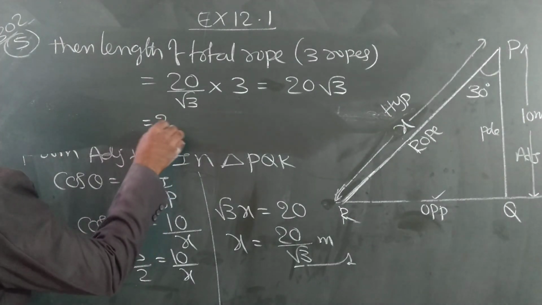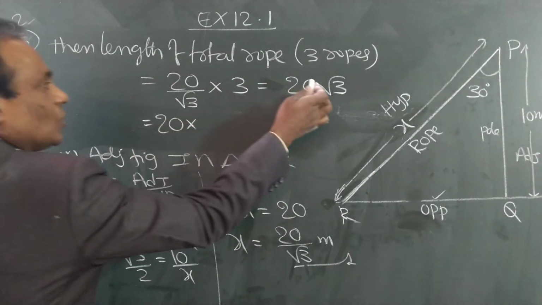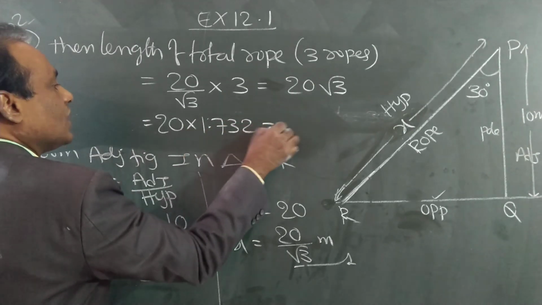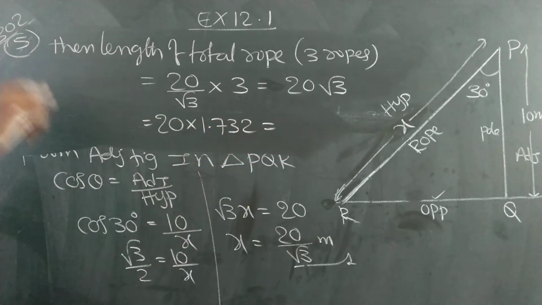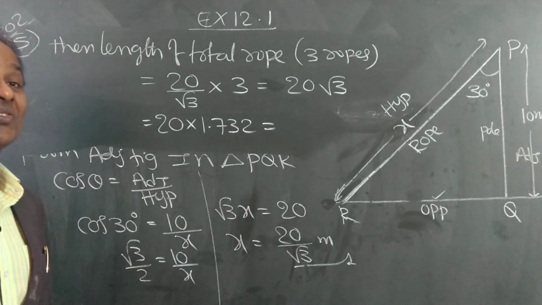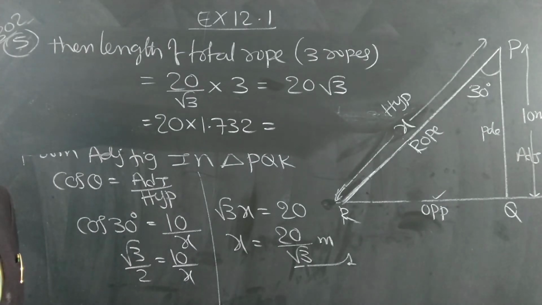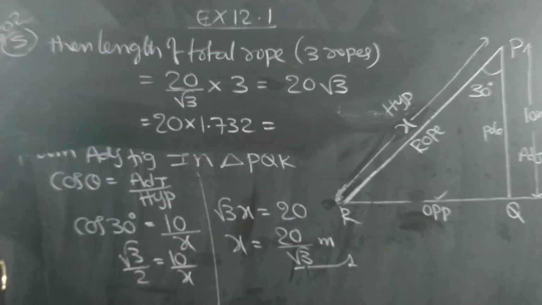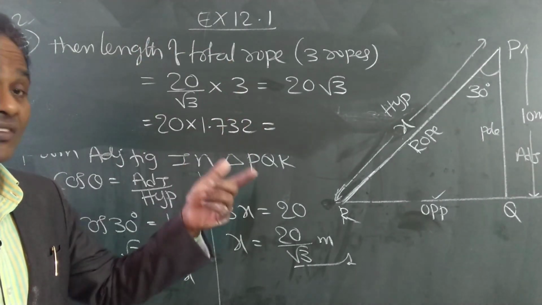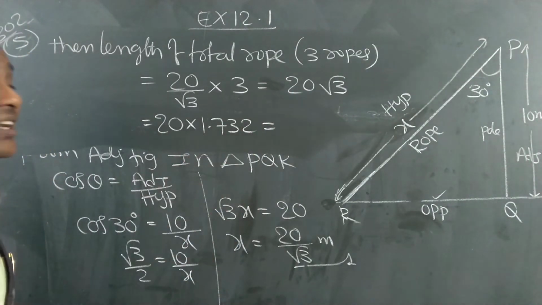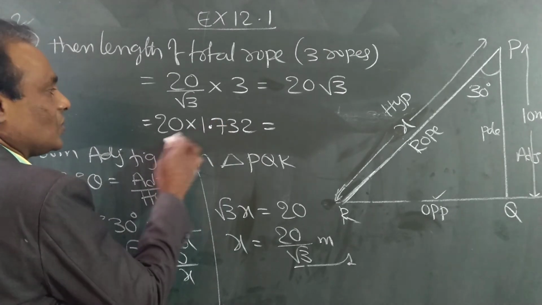Exactly the textbook answer. 20 into root 3 value, which is 1.732. You studied in the 9th class how to find square roots. Generally you may not remember it, but in higher classes we definitely need this root 3 value. So do you know multiplication?